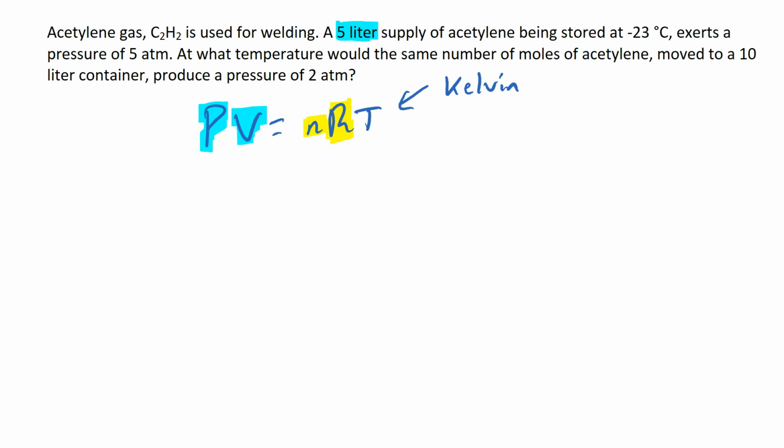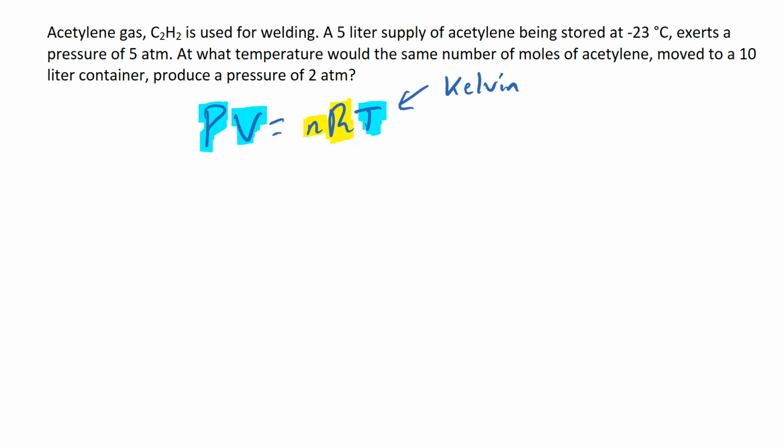And lastly, the temperature is also going to change. In the first tank it's at negative 23 degrees Celsius, but in the new tank we're trying to find what the temperature is going to be when it's under new pressure and it has a new volume.